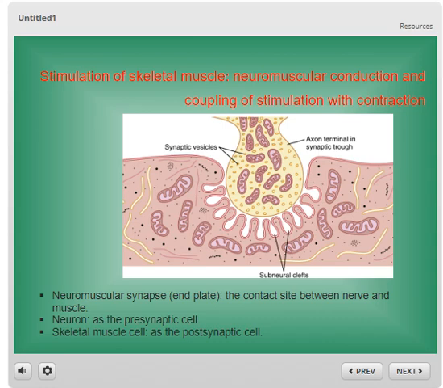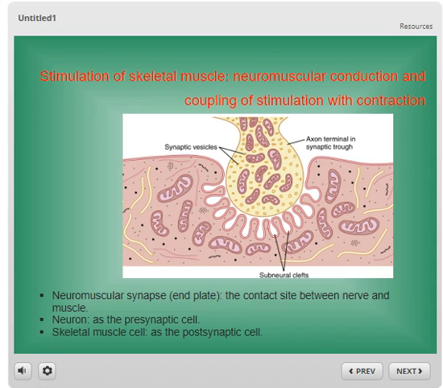We have an important process named excitation-contraction coupling. This process links the electrical signals from the neuron to the mechanical contraction of the muscles.